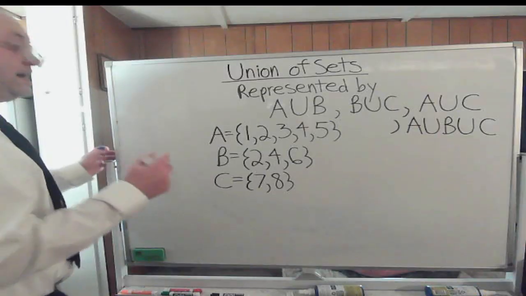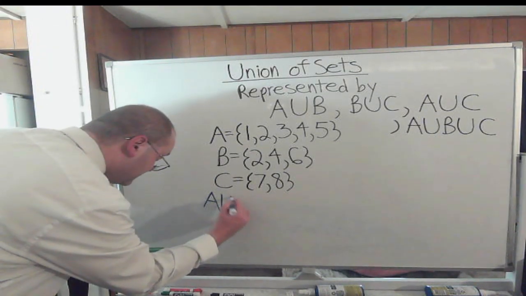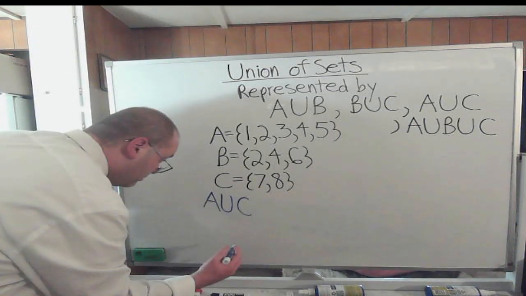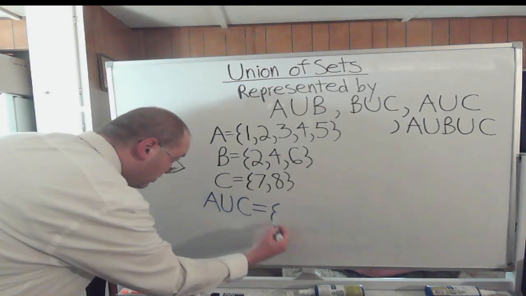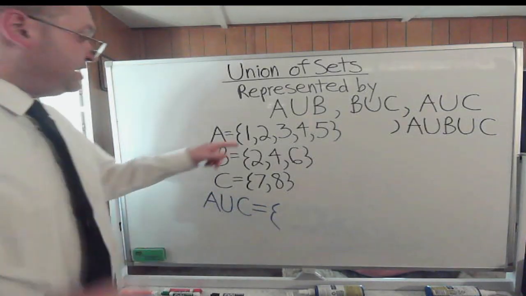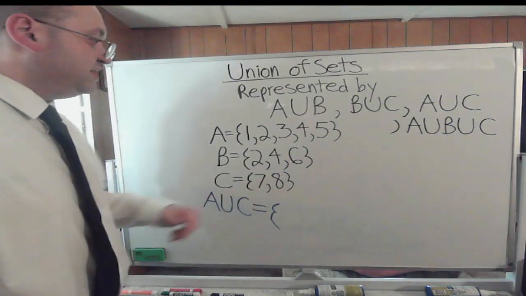Alright, then we're going to take A and unite it with C. In A, you have 1, 2, 3, 4, and 5. In C, you have 7 and 8.